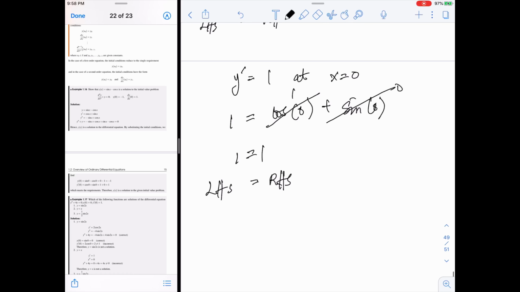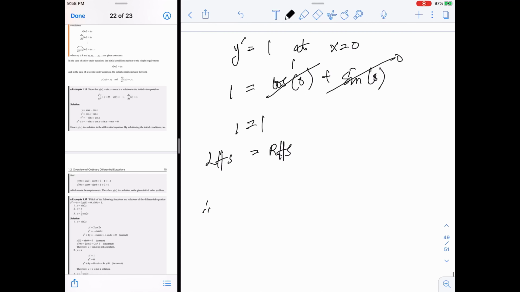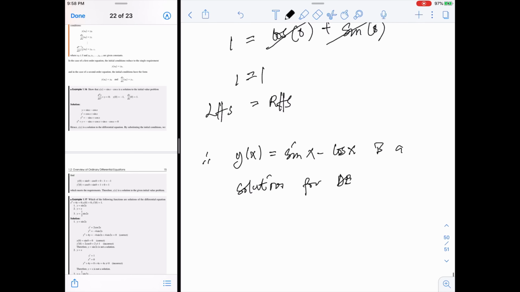So you can make a conclusion. So what is the conclusion? You can say y(x), which is equal to sin x minus cos x, is a solution for the differential equation given to you, y double prime plus y equal to 0, with y equal to -1 at x equal to 0, and another one, y prime equal to 1 at x equal to 0.